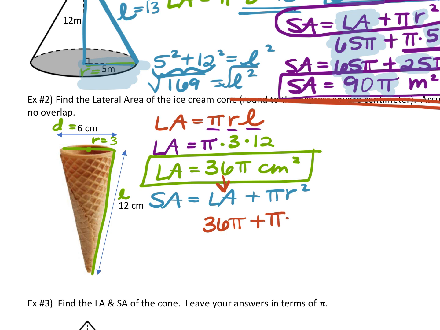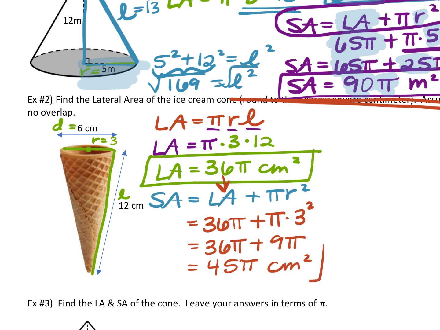What is that? 3 squared, right? Pi times 3 squared, or pi times 9. So really this is 36 pi, this is 9 pi. You're just going to add those together. So 36 plus 9 is 45. Attach your pi, centimeters squared. That's your surface area.